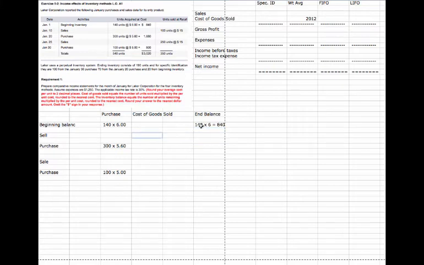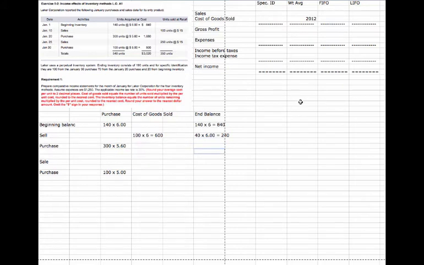Now when I sell the items, because this is all I have in here, I'm a first sale of 100 items times $6, which is going to give me $600 in cost of goods sold. I will have 40 items left times $6, which is going to give me $240.